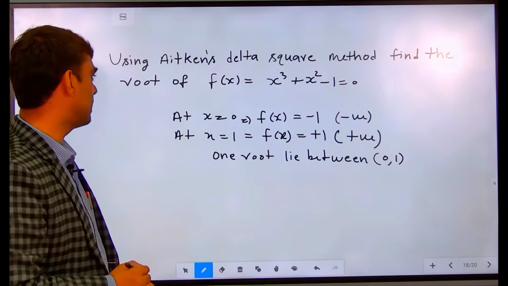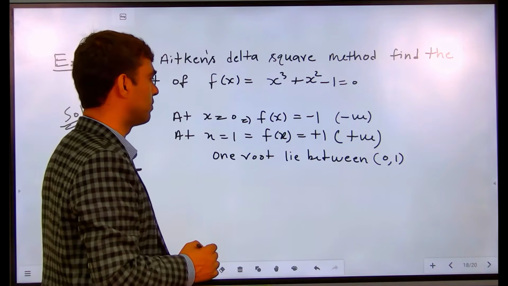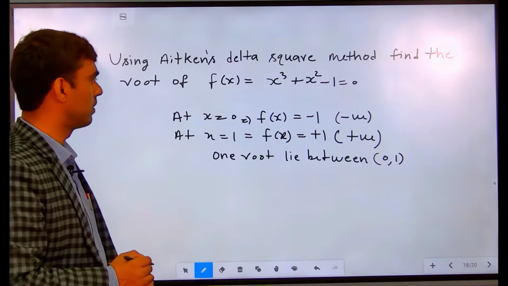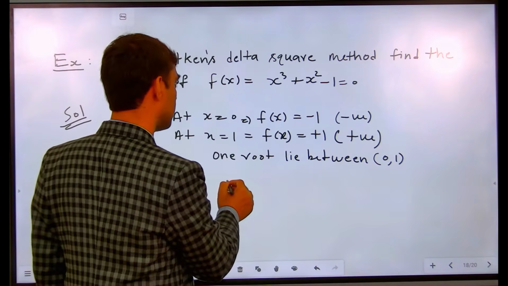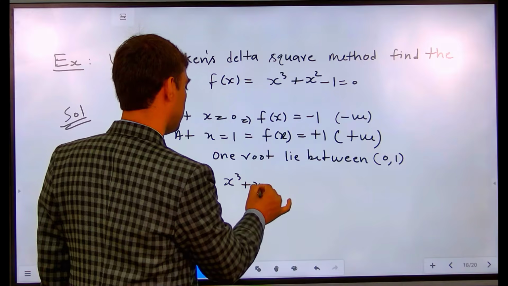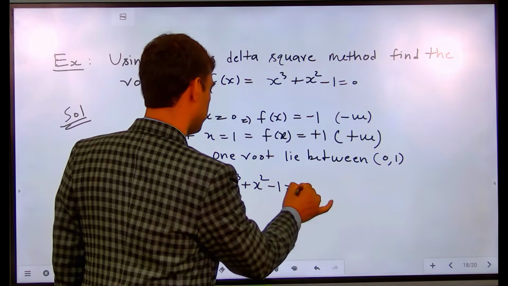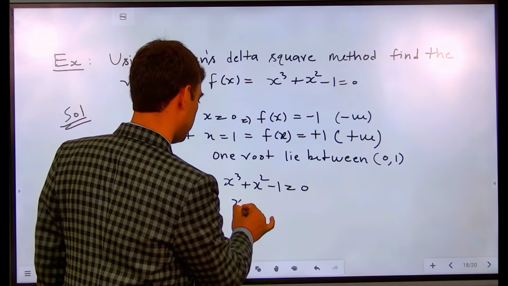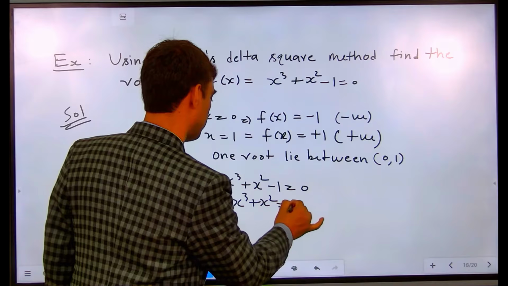Now how do we write phi x? Suppose we start with x cube plus x square minus 1 equal to 0. So x cube plus x square equal to 1.